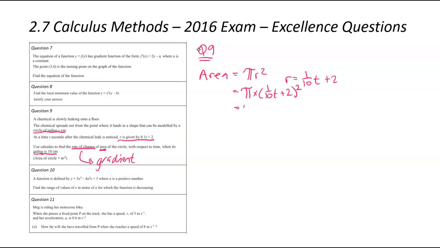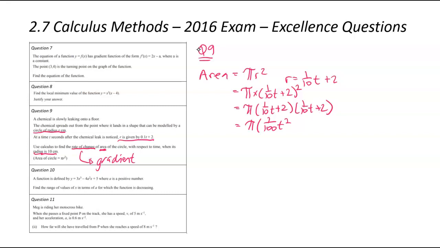I'm going to expand that bracket just to make it easier for me. That's going to be (1/10 t plus 2)(1/10 t plus 2). We're now going to get into the actual expanding part. 1/10 of t times 1/10 of t is 1/100th of t squared. And then we've got 1/10 of t times 2.